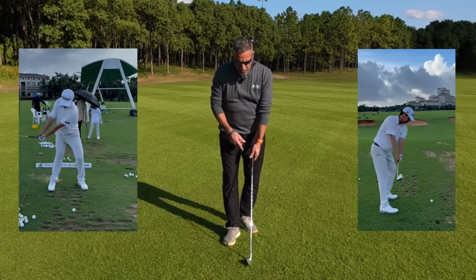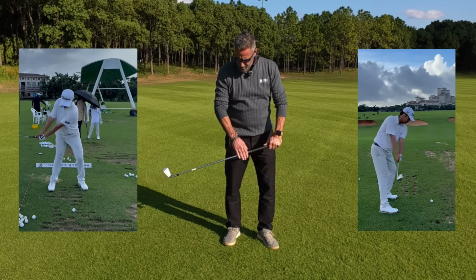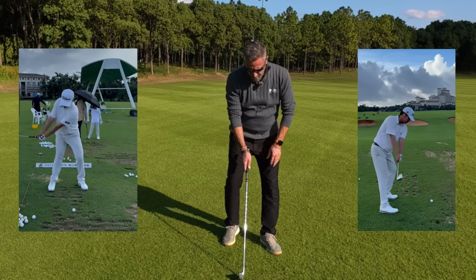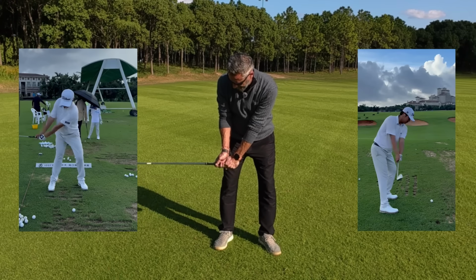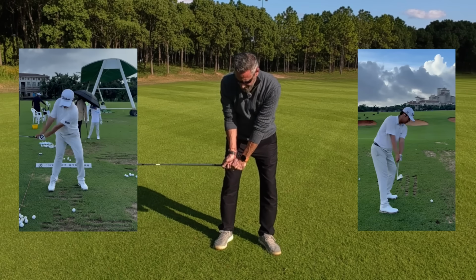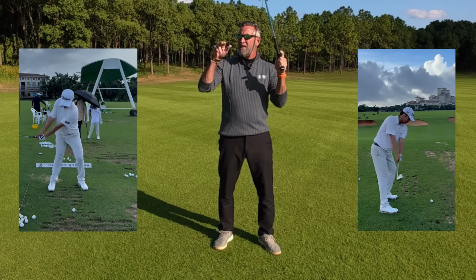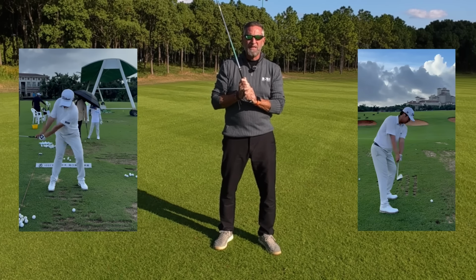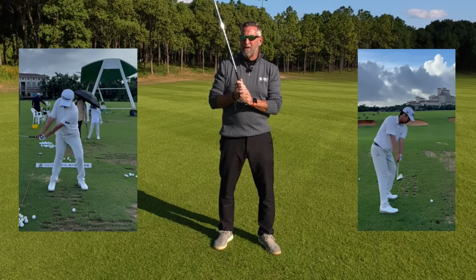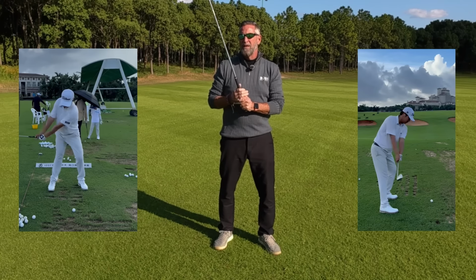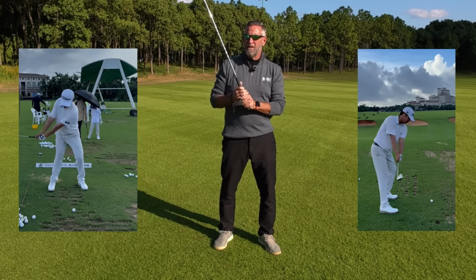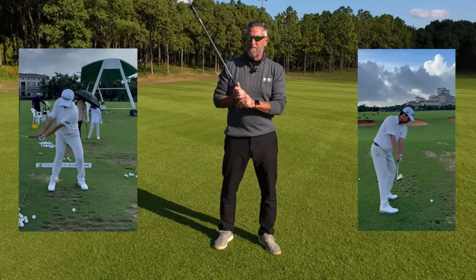So P2 is when our golf club is parallel to the ground. Here it's the same. I don't want to talk today about what an ideal P2 is, because that doesn't exist. In all of those positions there are truly some similarities, but it doesn't matter so much.